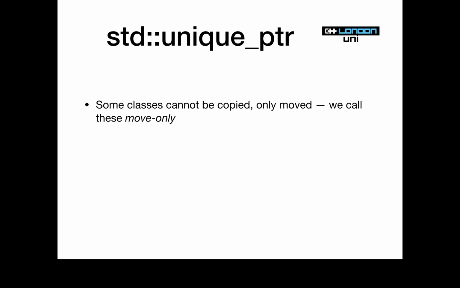They only have move operations. So if object here was a move-only type, if it had no copy operations, then when we tried to do this copy here, we'd get a compile error. We wouldn't be allowed. But this second one, this move operation, that would be okay.